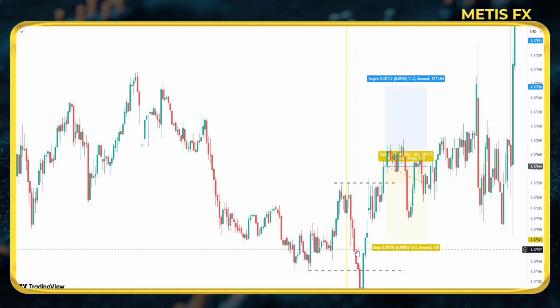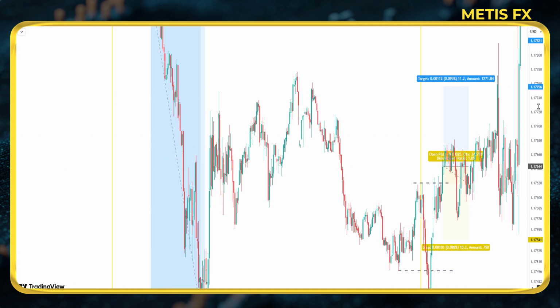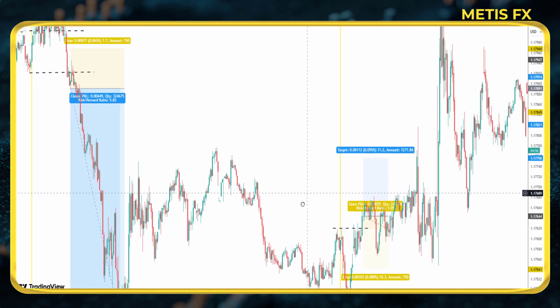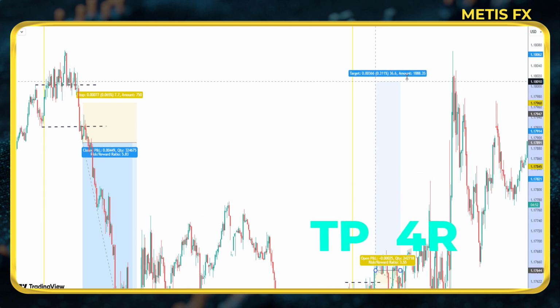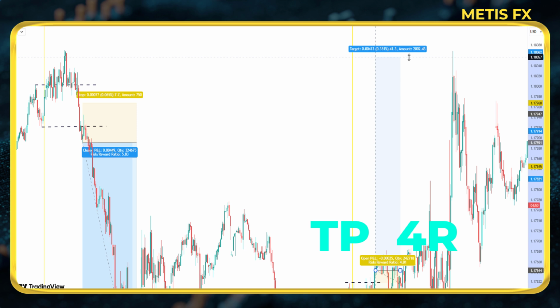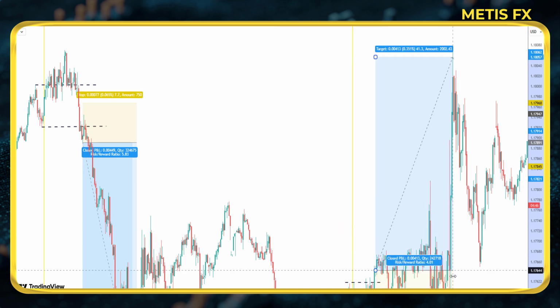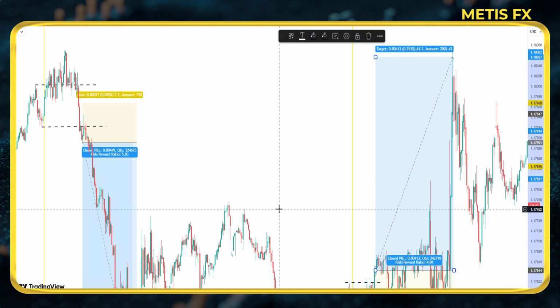For take profit, choose a strong previous high or low, one that clearly attracts price. Here, price eventually hit take profit with nearly a 4R reward. Usually, these trades hit target even faster. You'll see in the next examples.